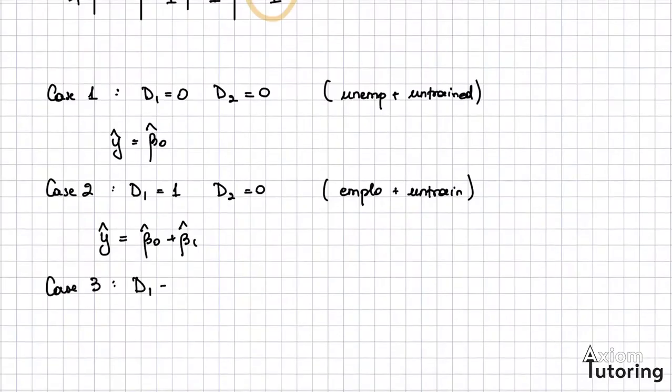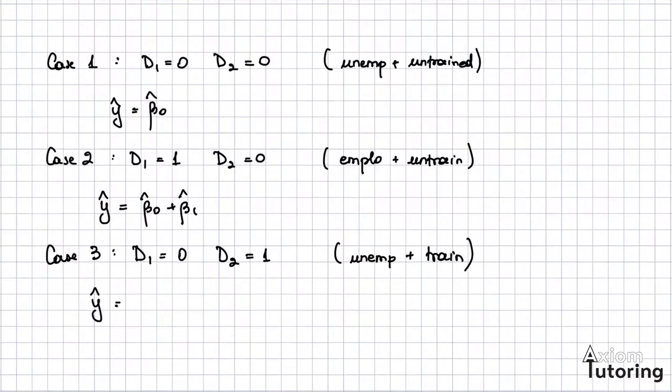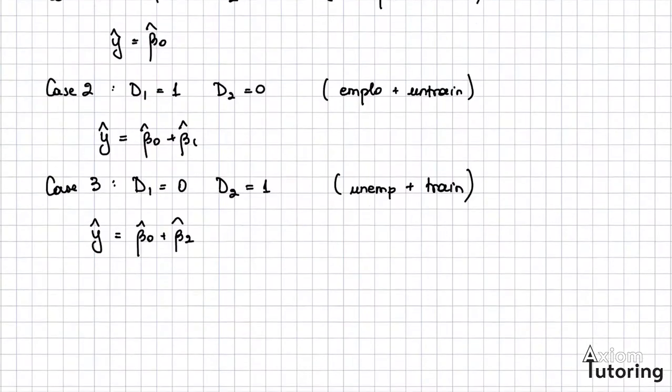Let's assume D1 in this case is equal to 0, but D2 is now equal to 1, which means you're looking at unemployed and trained, and you will find that your y hat is simply equal to beta 0 plus beta 2 hat.